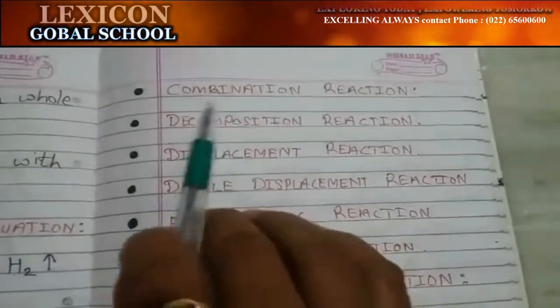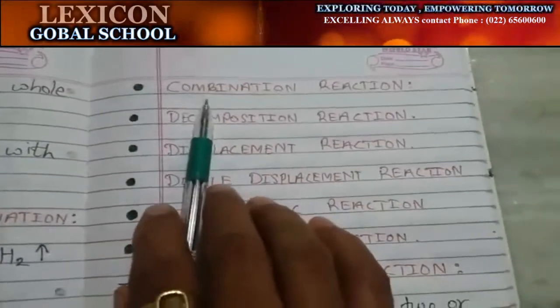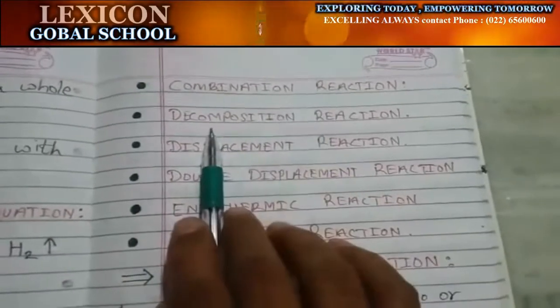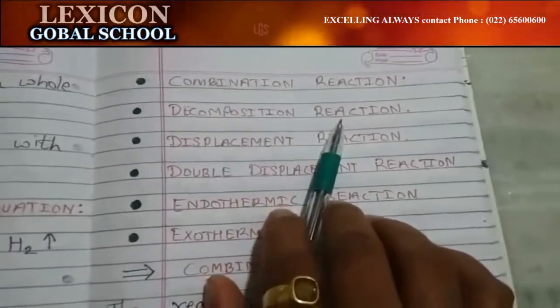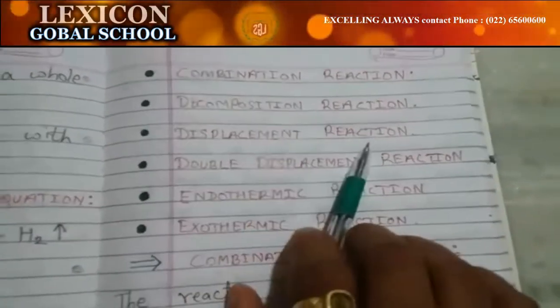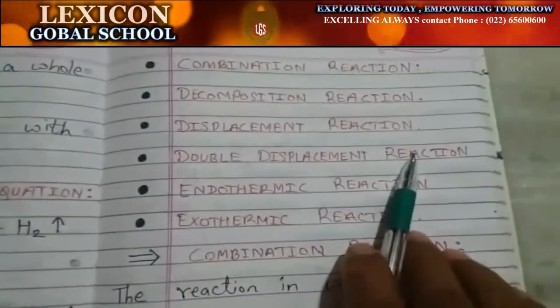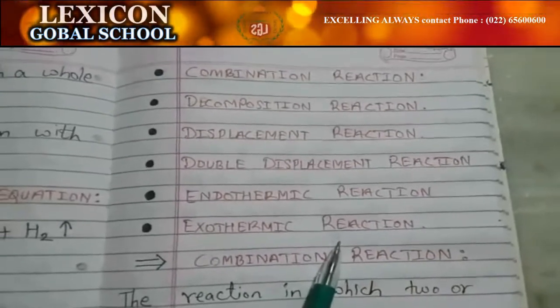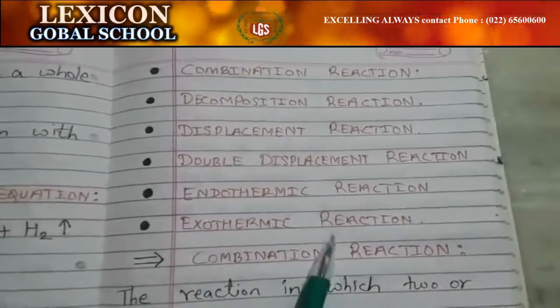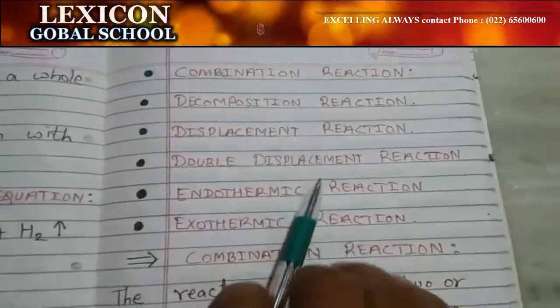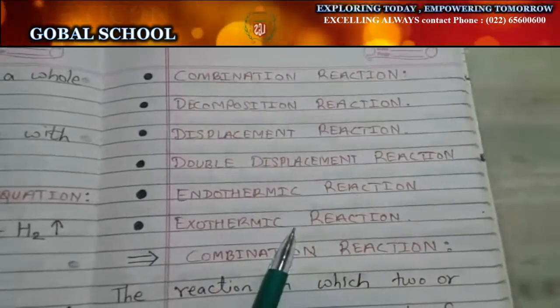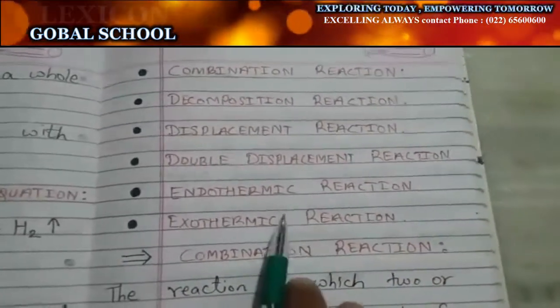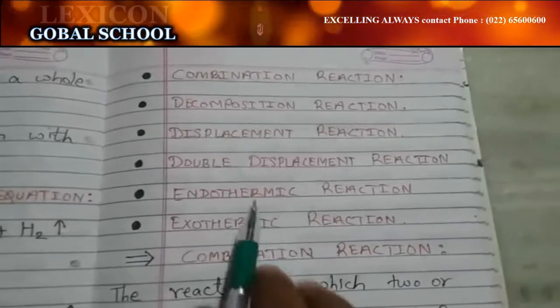So now you can see the chemical reactions are classified into: first, combination reaction; second, decomposition reaction; third, displacement reaction; double displacement reaction; endothermic reaction; exothermic reaction. Is that clear? These 6 types of reactions are there, right? Now these 6 types of reactions we will study in detail one by one.